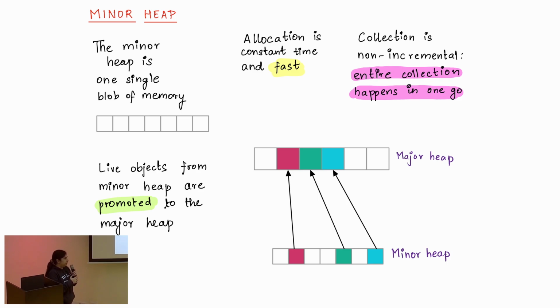The objects that are still alive on the minor heap are copied to the major heap. There's a nice trick the GC does where it just links to the objects that are alive from the minor heap so that we don't end up doing a lot of work here. This is the overview of the minor heap.